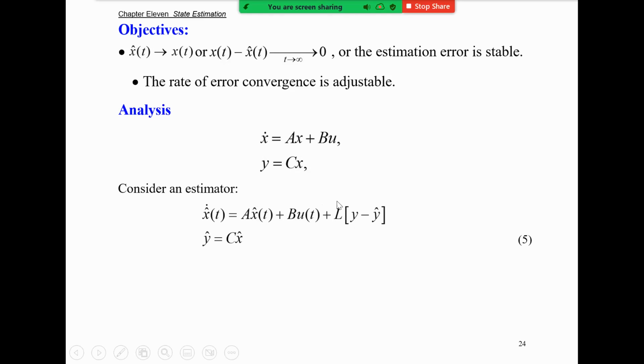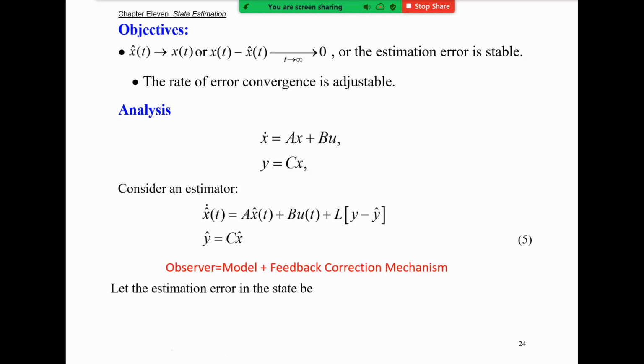Now we add a correction to this equation, and hopefully it can achieve the goal. Then of course we have to analyze the dynamics of the estimation error, right? We want to see how the feedback can help to make the error signal go to 0.